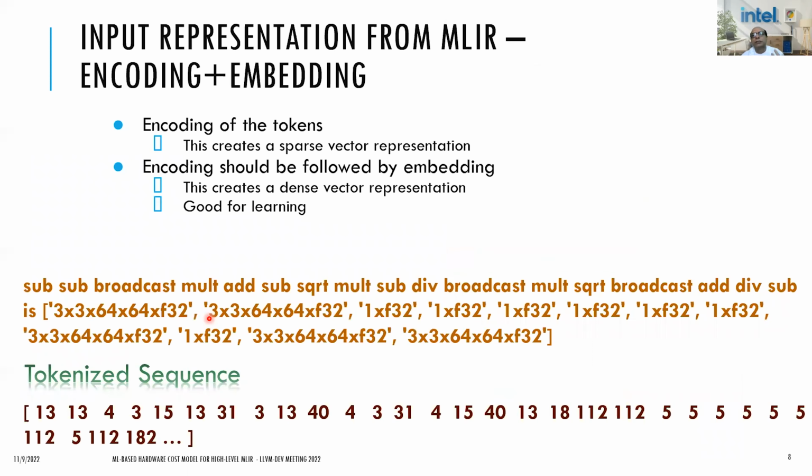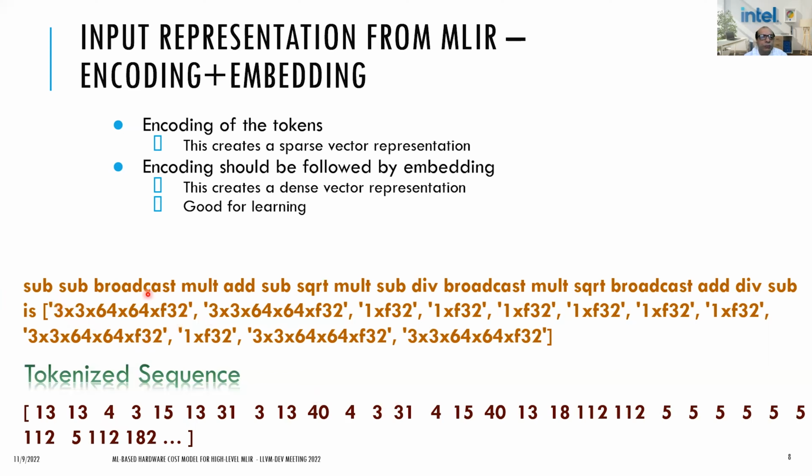And so one of the main things that you do when you do this kind of NLP-like solution is you have to encode these tokens. So this encoding is nothing else but giving a numerical value to these text tokens so that they are unique. So for example, if you look at this longer sequence here with sub, broadcast, mult, add, you can see that both the subs get a token value of 13, while broadcast gets 4, and so on.